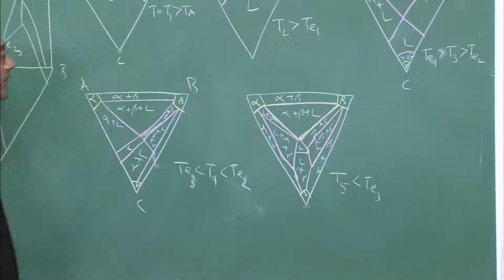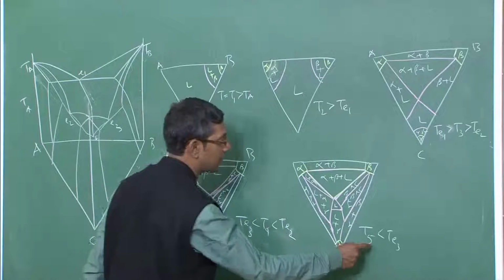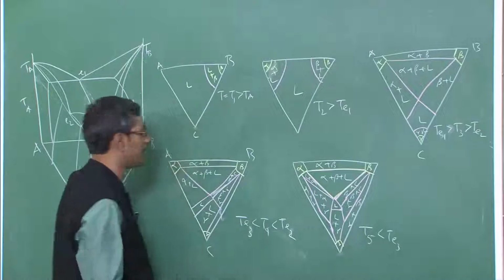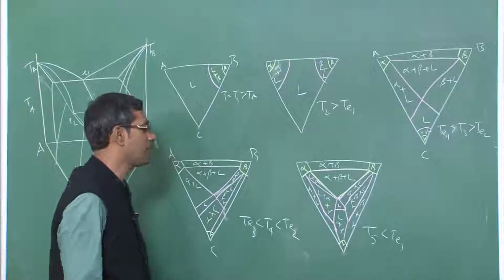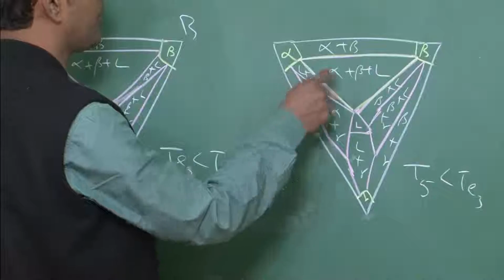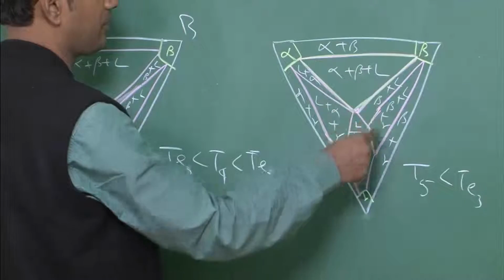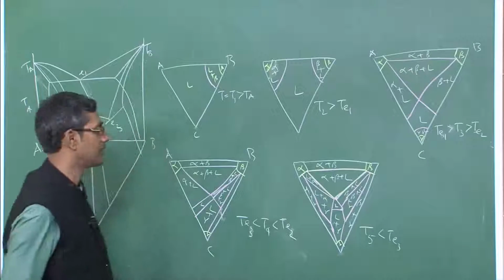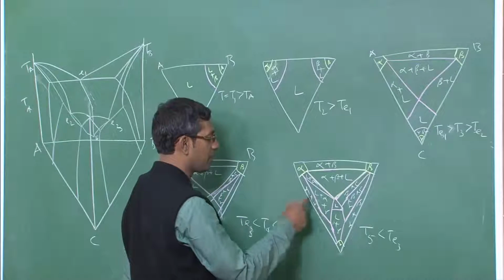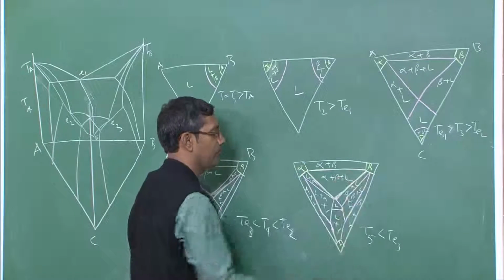That is how the phase regions are, because the temperature is lower than all three binary temperatures, that is why three triangles will exist. And obviously, when you have a three phase zone, in between there will be two phase zones. Here there is a two phase, here there is a two phase, here there is a two phase zone existing. And between these two single phases, there will be two phase between these two also.